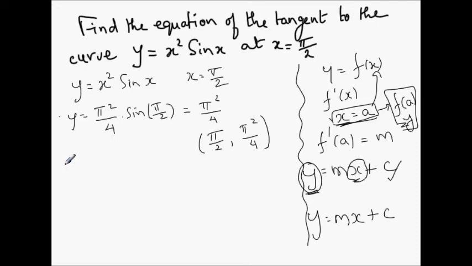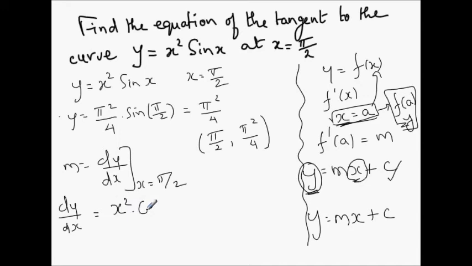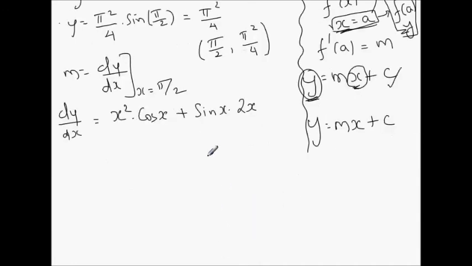But before that, I need m. So m is actually dy/dx at the x value given. For that I need dy/dx, which is the product rule: x squared, the first function, times the derivative of the second function, plus the second function times the derivative of the first function. Now don't go for simplifying this because you are just going to substitute x equal to pi over 2 here.